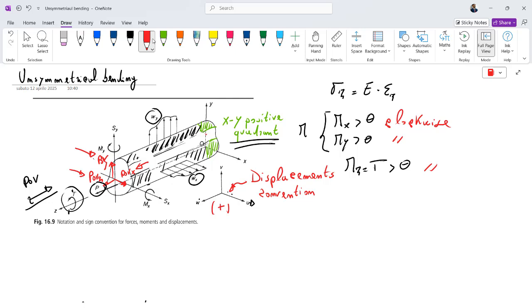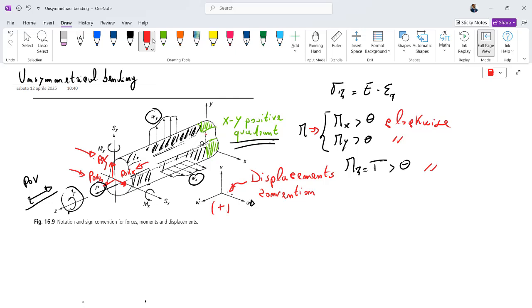Mx and My are the projections of the bending moment applied on the beam, that is unsymmetrical in this case, and T is the torque, the momento torcente.